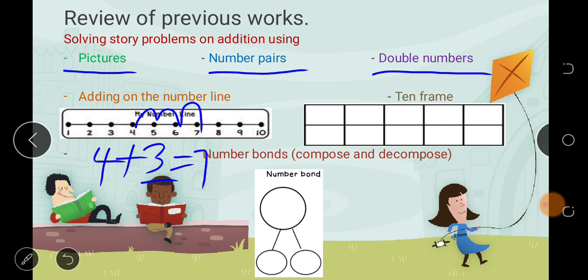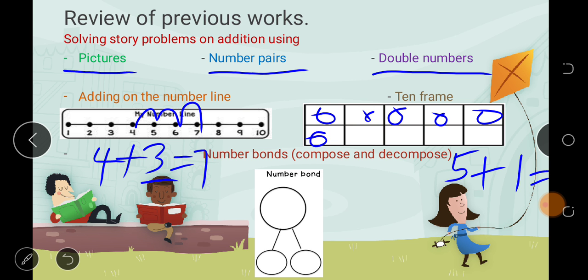Here, as an example, let me show you an example. Let's say 5 plus 1 equals. So here you know that the upper part is 5. That's 5 plus 1. So what's your answer? Your answer is 6.